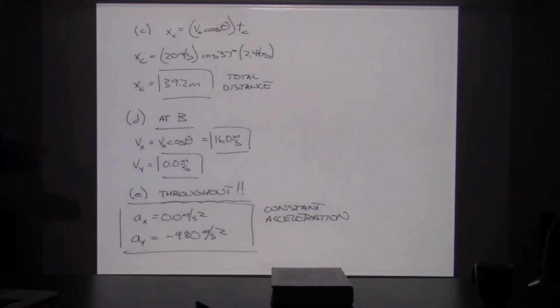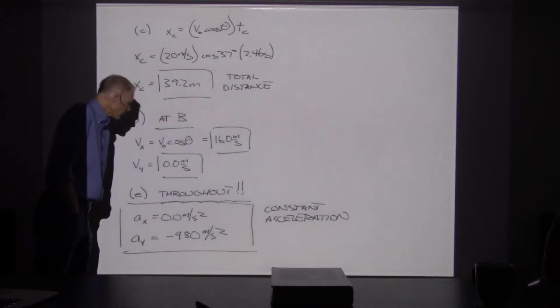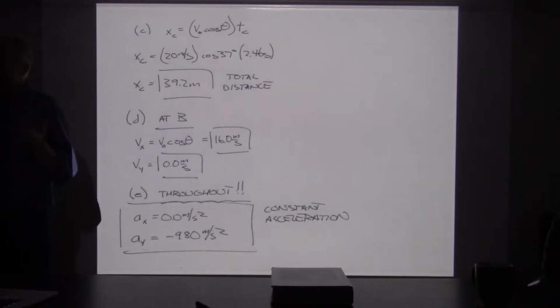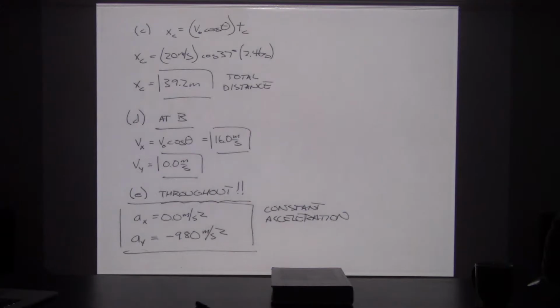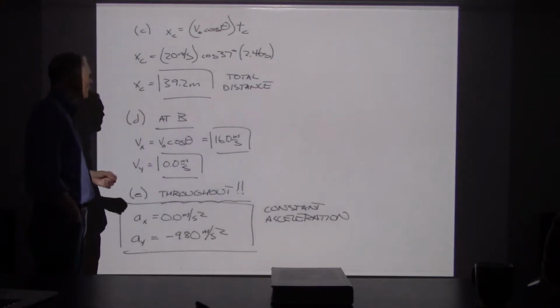And so the acceleration in x is 0, whereas in the vertical direction, the gravitational field is going to maintain a constant acceleration of 9.80 meters per second squared downwards. And so that's what's happening in the y direction. So those are my acceleration components.